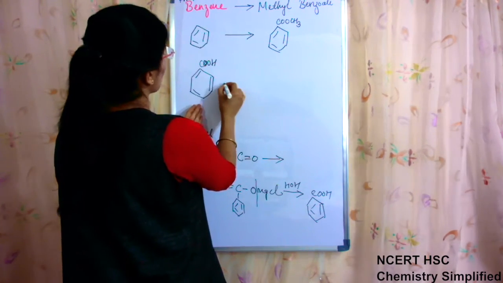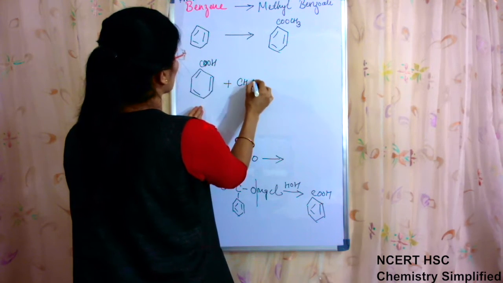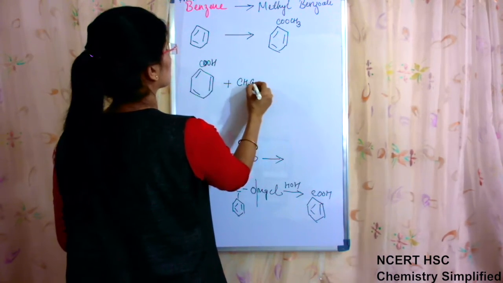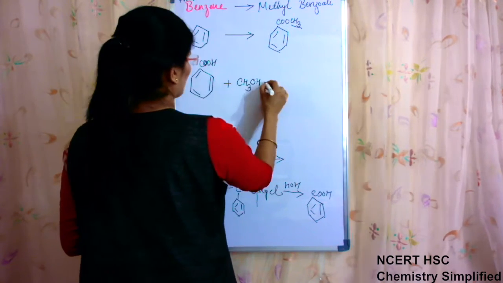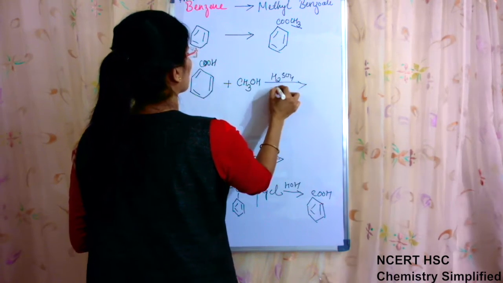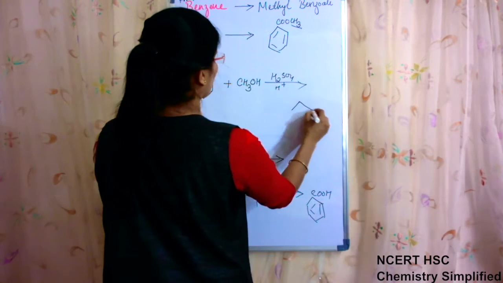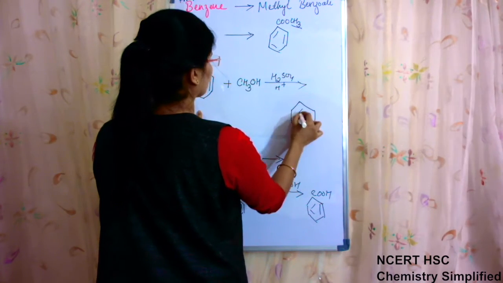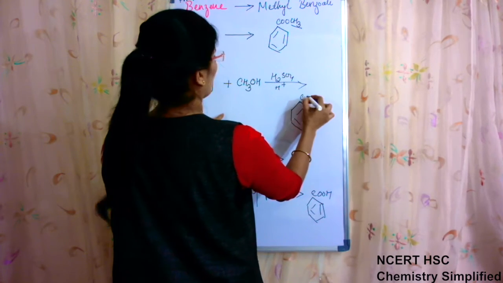Now it is benzoic acid when it reacts with alcohol, CH3OH, because we want CH3 group here. Now esterification in presence of acid, H positive will be given, that will lead to the formation of ester, that is COOCH3.